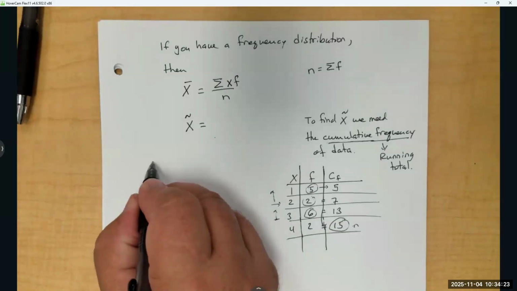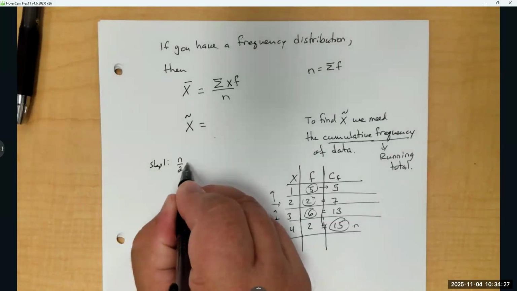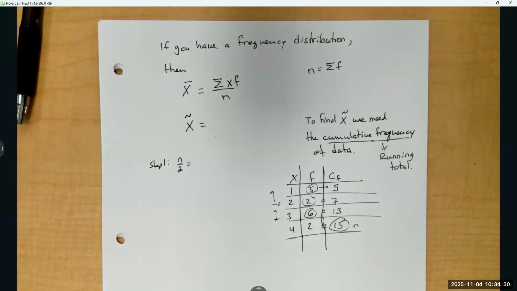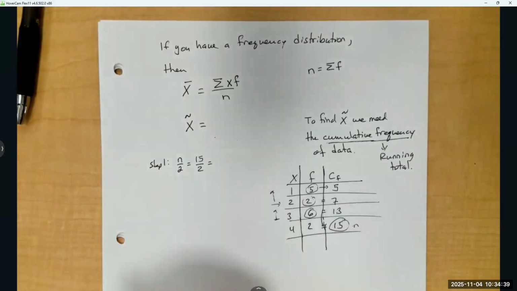Remember the first step? Take n divided by 2, because the median is a location, a number at a location. So we have 15 divided by 2, which is what?